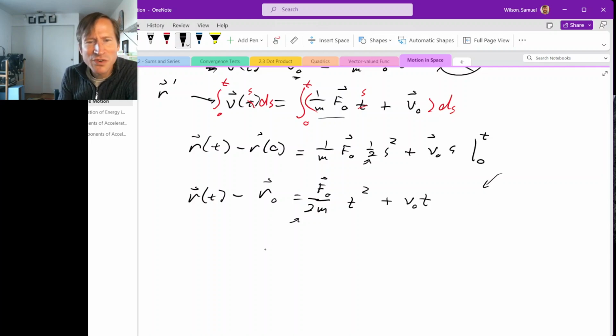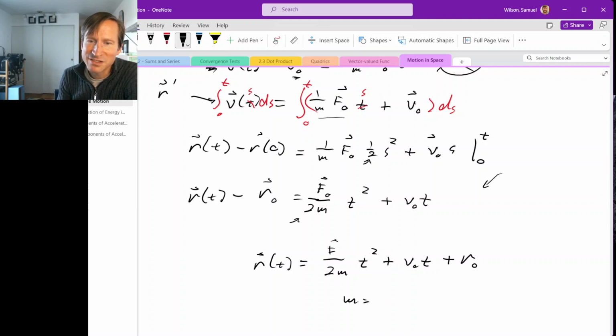And then, again, we can move our initial position to the right-hand side, just like we did with our initial velocity earlier, and we get our position is the force over 2m times t squared plus v naught times t plus our initial position. And m here is the mass of the object that's moving around.